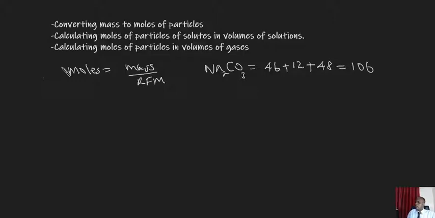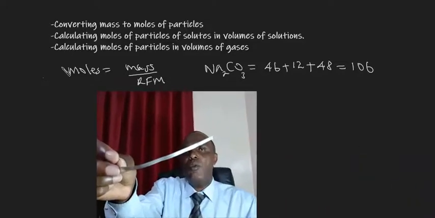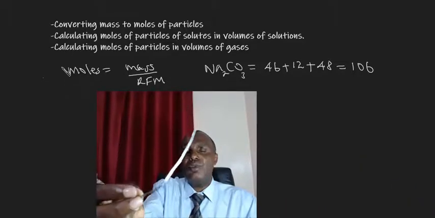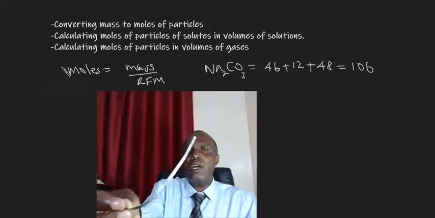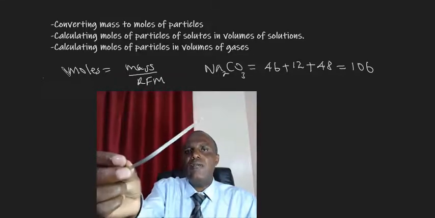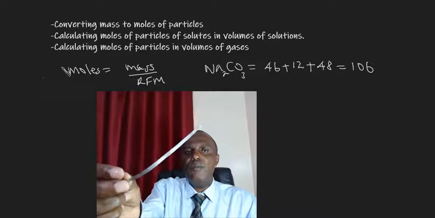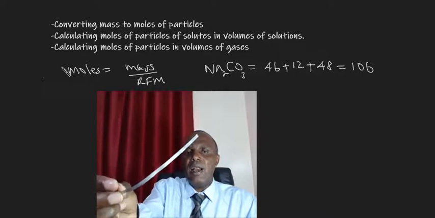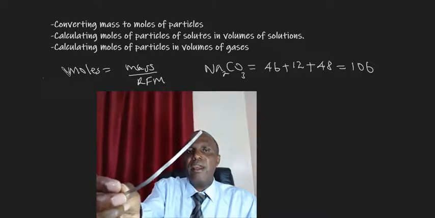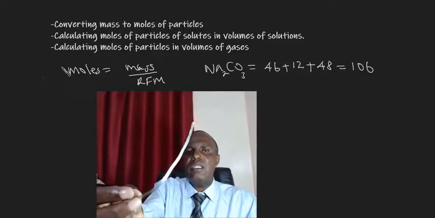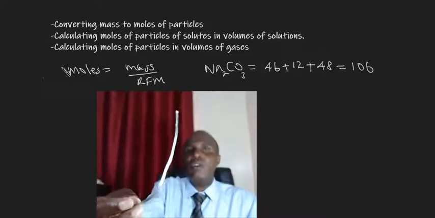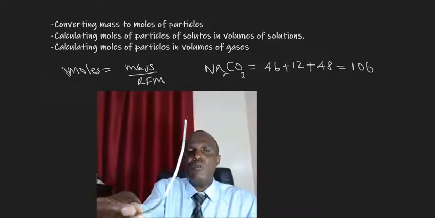I would like us to work out how many moles of atoms are in this piece of metal. So what we are going to do is take the mass of this metal and divide by the RFM. The RFM here, this is an element, so here we talk of relative atomic mass.